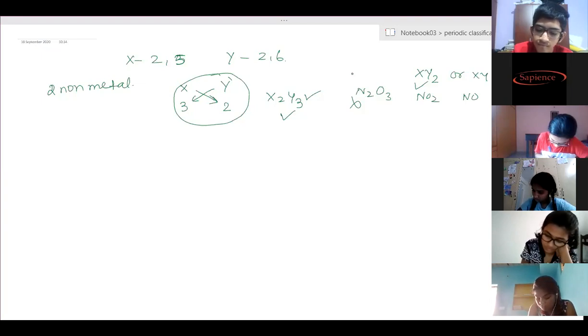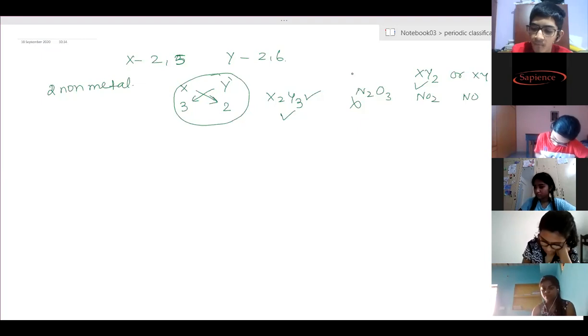State its valency. State whether the element is a metal or a non-metal.